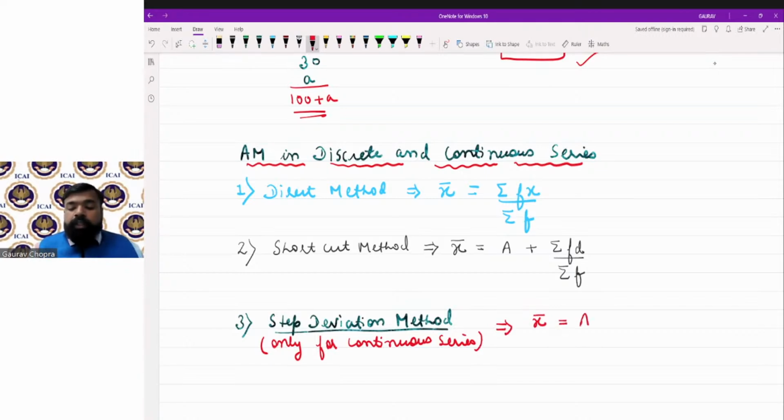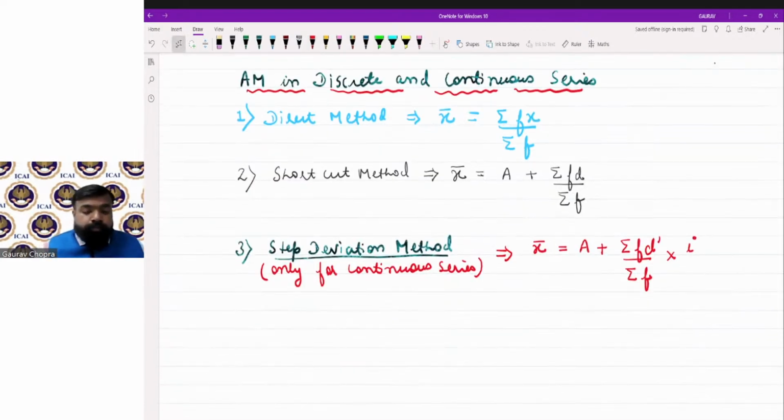So what is the formula? X bar equal to A plus sigma f d dash upon sigma f multiplied by I. So what is the meaning of d dash? See, we have written d. D means x minus a, deviation taken from assumed mean.